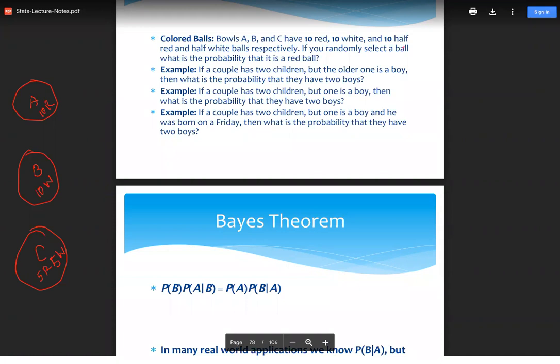Now, this problem kind of has two levels of thinking. First, you have to select a ball, right? So there are two events, event A and event B. Oh, I shouldn't call it A and B. Let's call it something else because I used A and B here.